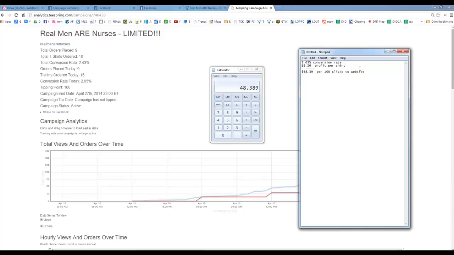So we can do some backwards math here. So if for every 100 clicks we're making $48.39, let's divide that by 100.